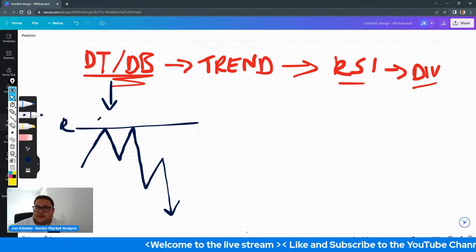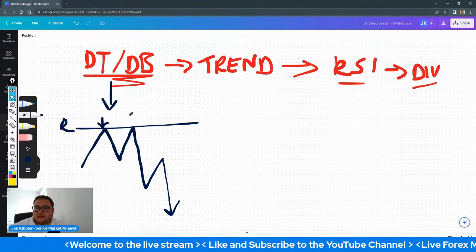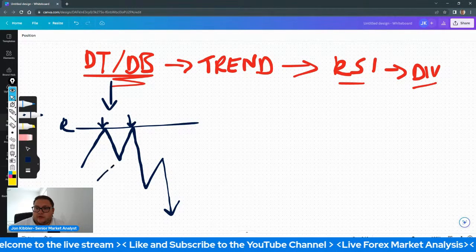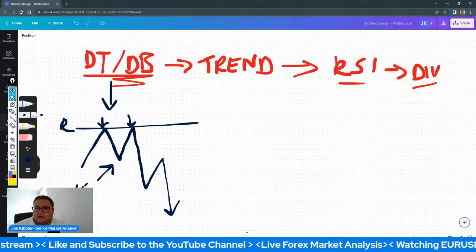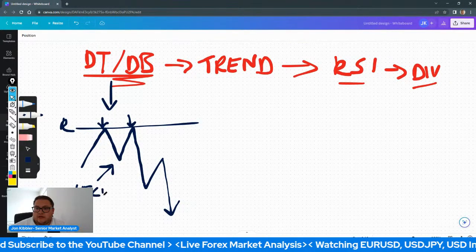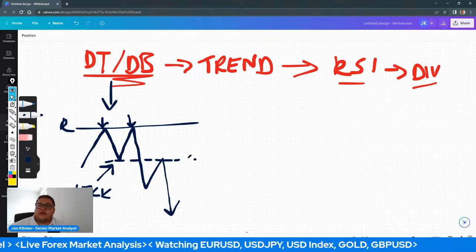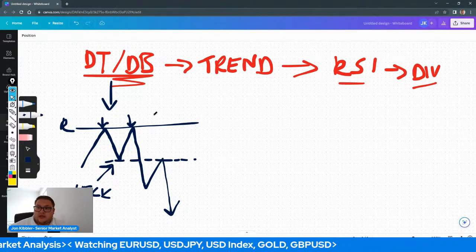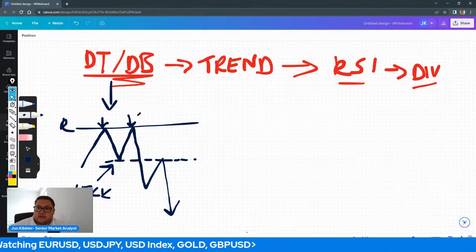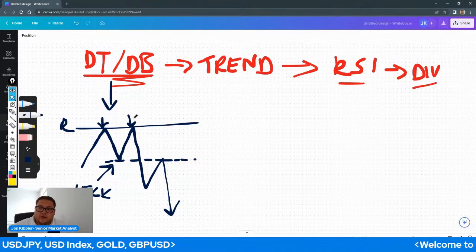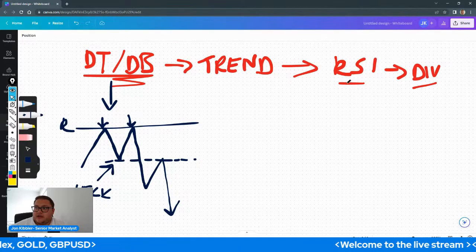So what we have is two peaks here. We have what we call a neckline. The neckline just through there, right? And there's one or two ways that you can trade it. You can either trade the second retest, which is a little bit riskier, but in combination with an RSI can work really well.